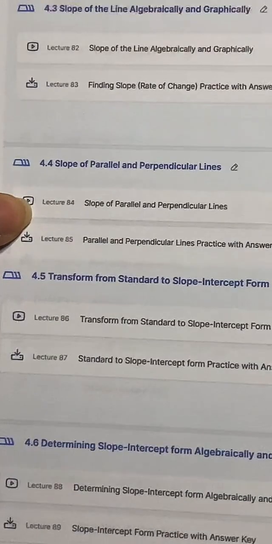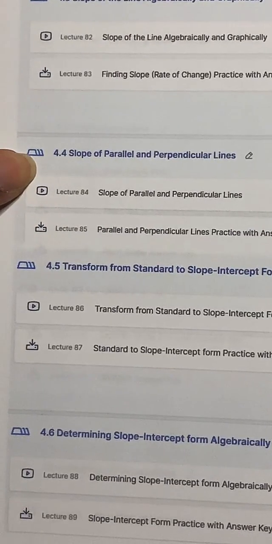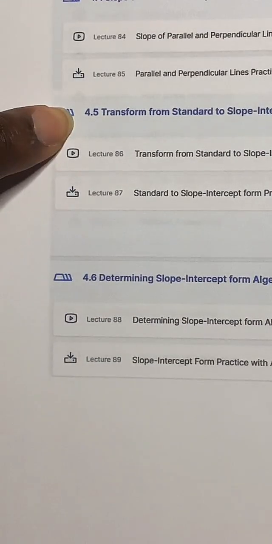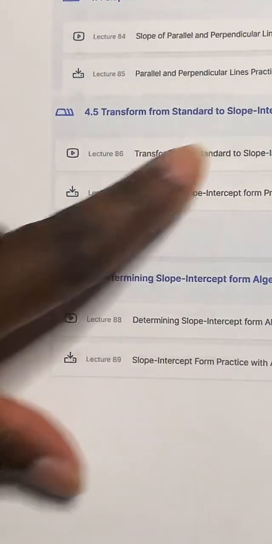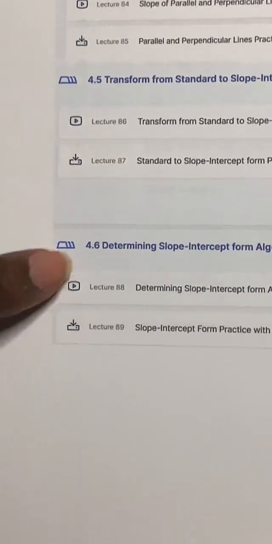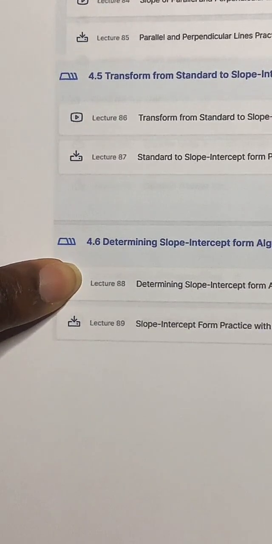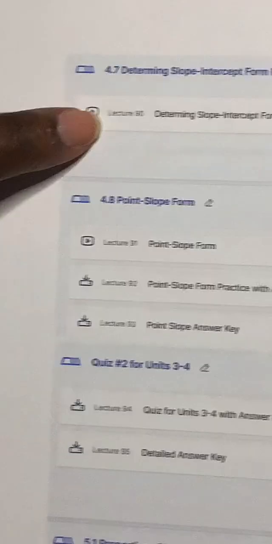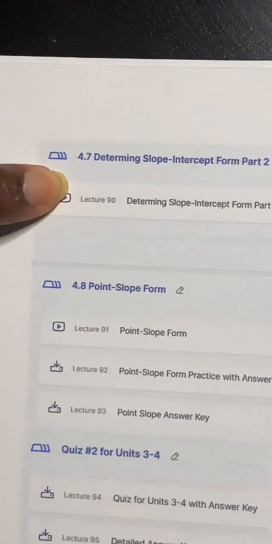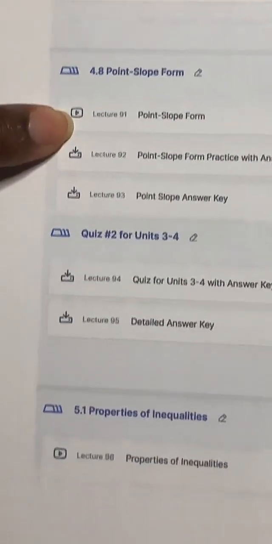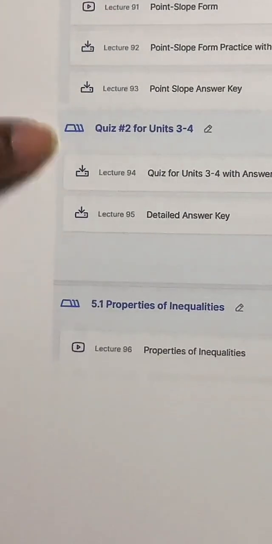Parallel and perpendicular lines, that's a 4-point question. Going from standard form to slope-intercept form, probably a 3-point question. But determining your slope-intercept algebraically, graphically, that's a 3-point question. Anything with the slope-intercept form, that's a 4-point question. Point slope, that's a 4-point question.